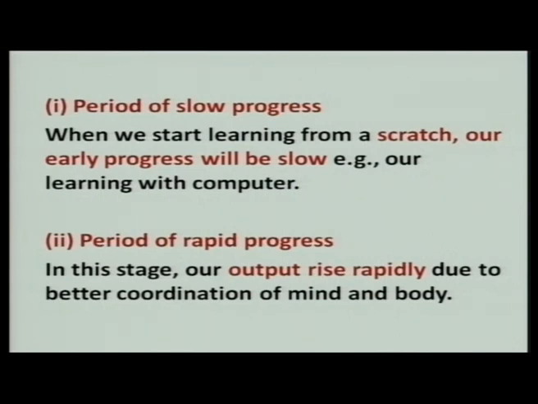Any example you can take, but here I am taking the example of computers. Now after some time there will be a period of rapid progress. In that stage, there may be better coordination of your mind and body, which was not there at the initial stage. So there will be rapid progress, the second stage.